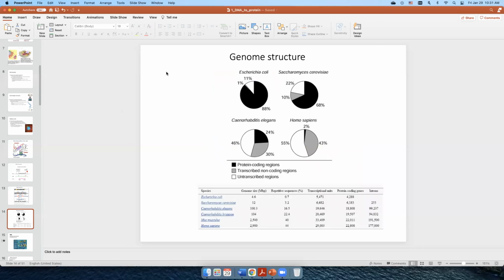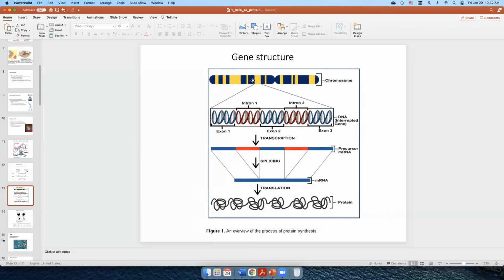And if we do a comparison between species, you will see this is for E. coli. For E. coli, the dark or the black means protein coding regions. The gray means transcribed non-coding regions. The white means untranscribed regions, which means that white region is not read at all, which is the blue part here. The blue part is not readable by messenger RNA.